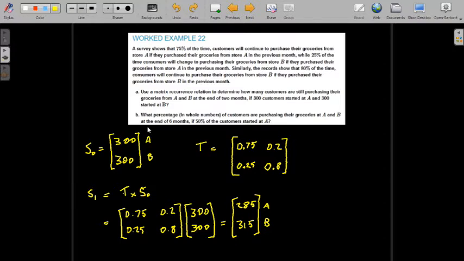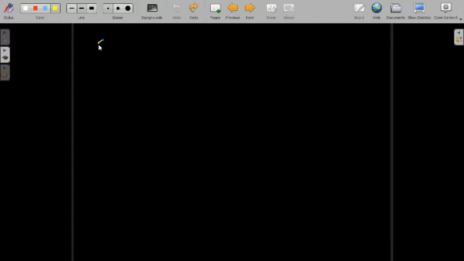We need to work out what happens at the end of 2 months. So we've got 1 month, now we need to do the same thing but for 2. So I'll just add a new page. So we've got S2. That's going to be our transition times the previous month, which was S1.